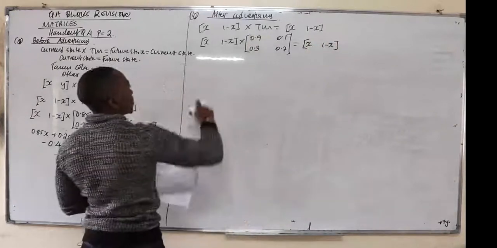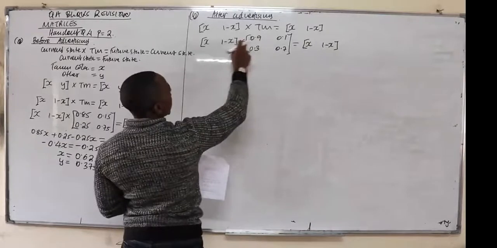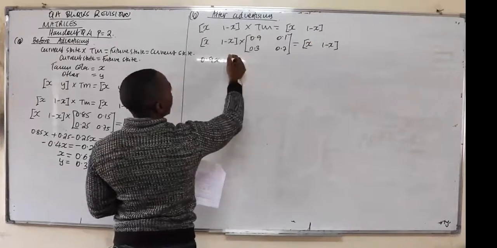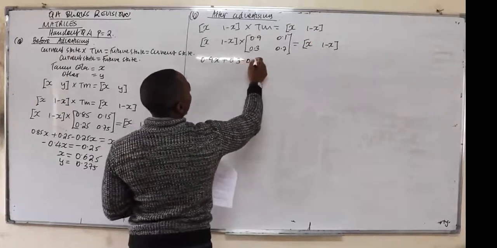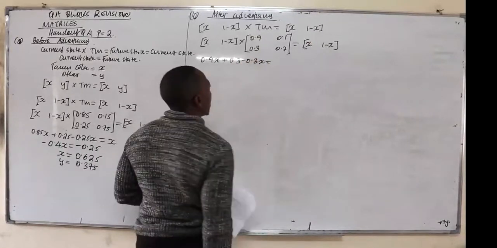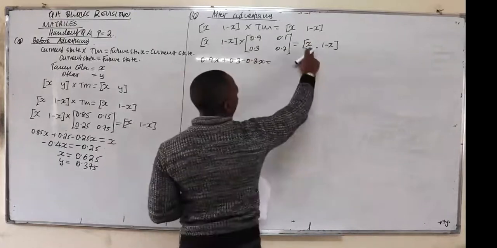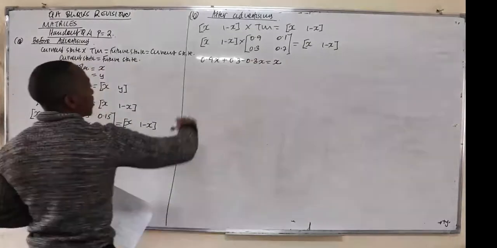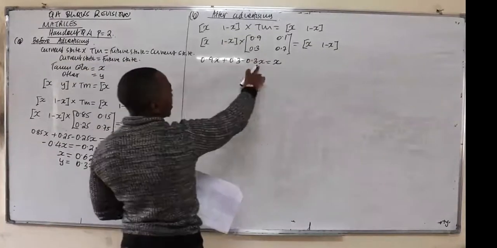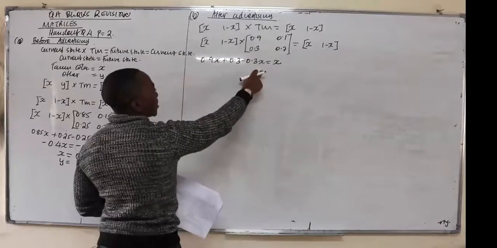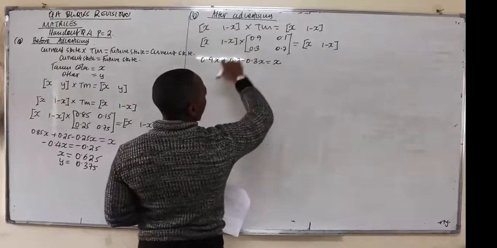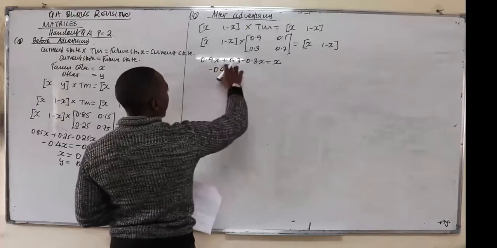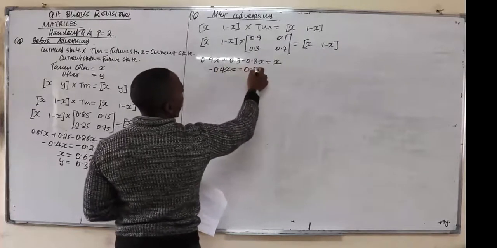First row, first column. So you take X times 0.9, you get 0.9X, plus 1 minus X times 0.3, you get 0.3 minus 0.3X. And first row, first column, you should get X. So let's bring the right terms together. 0.9X minus 0.3X, you get 0.6X, then you minus 1. You will get negative 0.4X is equivalent to, you take this to the other side, negative 0.3.